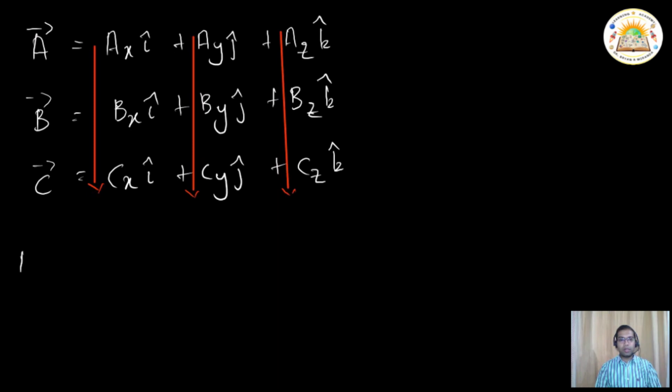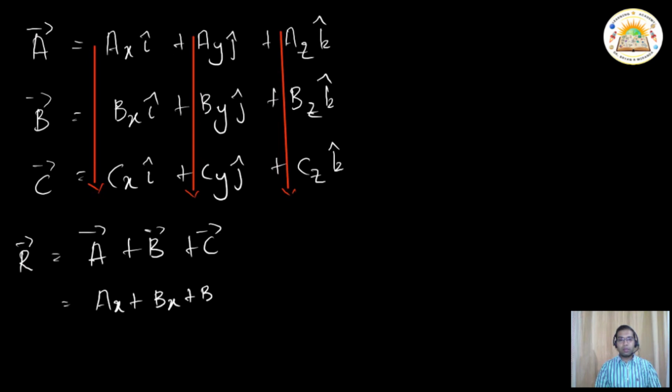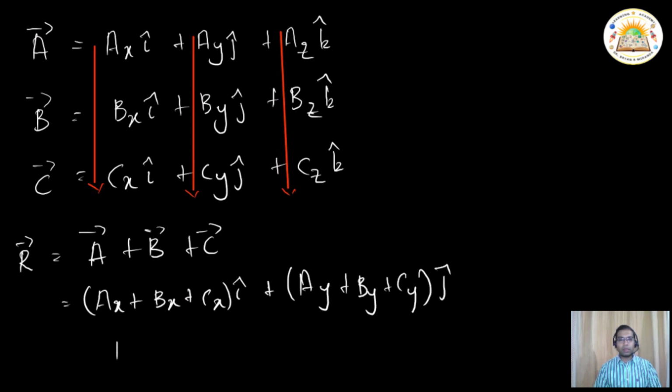That is, the resultant vector, A vector plus B vector plus C vector, is equal to A_x plus B_x plus C_x of i cap, and all the y's: A_y plus B_y plus C_y of j cap, plus A_z plus B_z plus C_z of k cap.